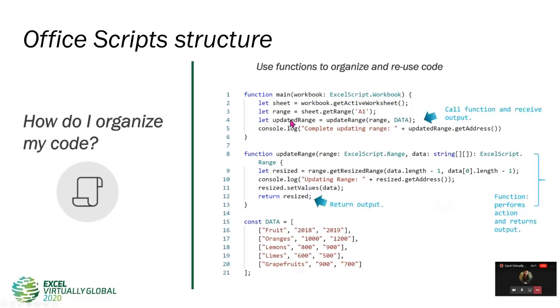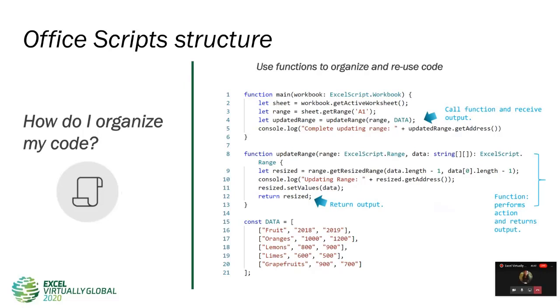So here, the key things to note are, I can call this function from my main function or any other function that the main function calls. In the function itself, you can write logic that you want to reuse, and you can optionally receive input or optionally return output that you can use in the calling function.